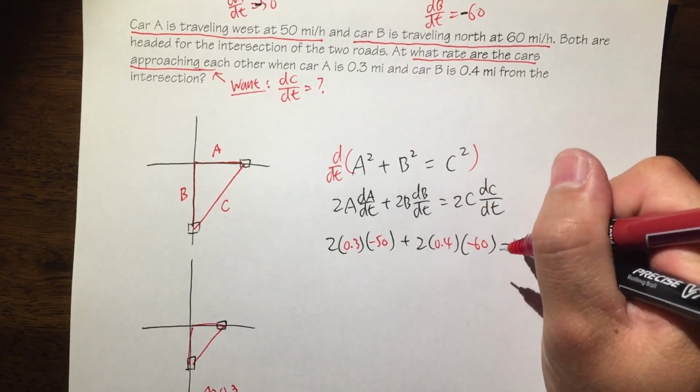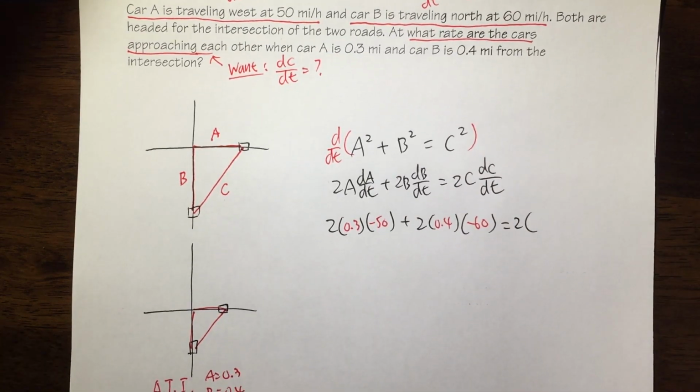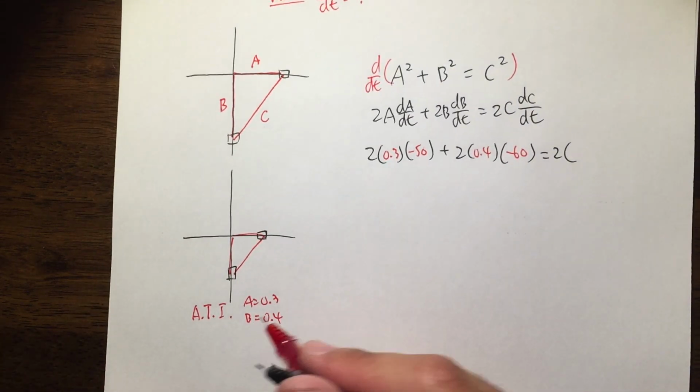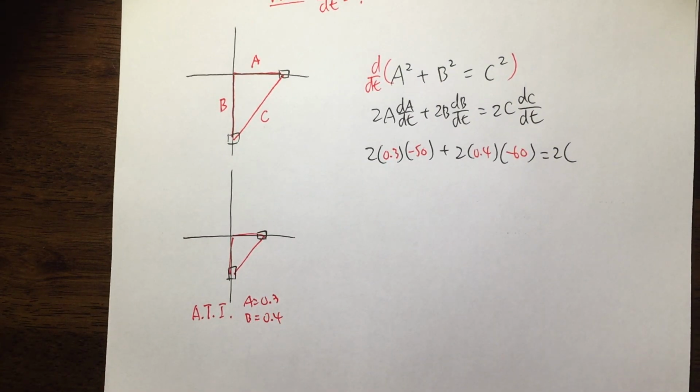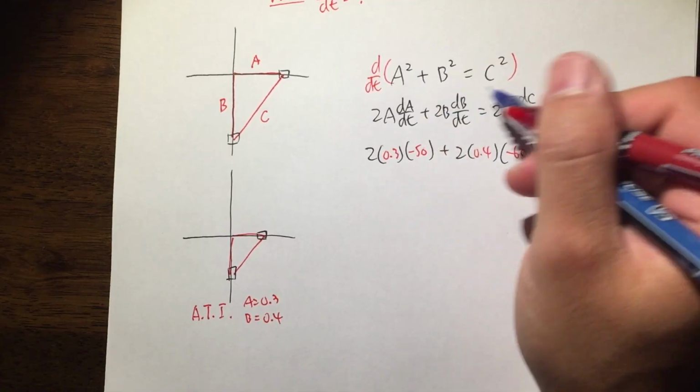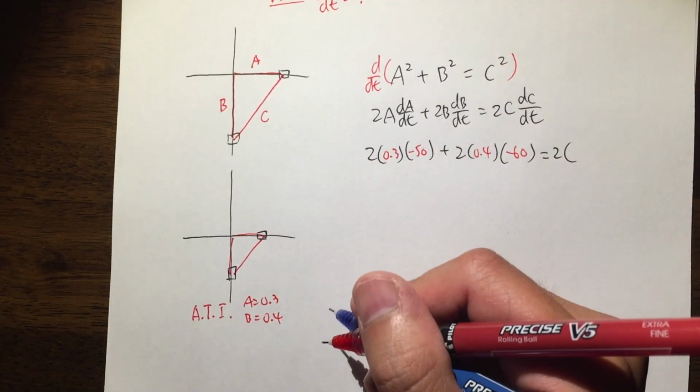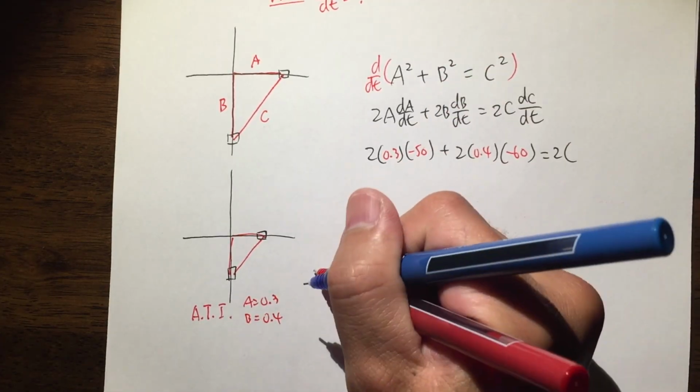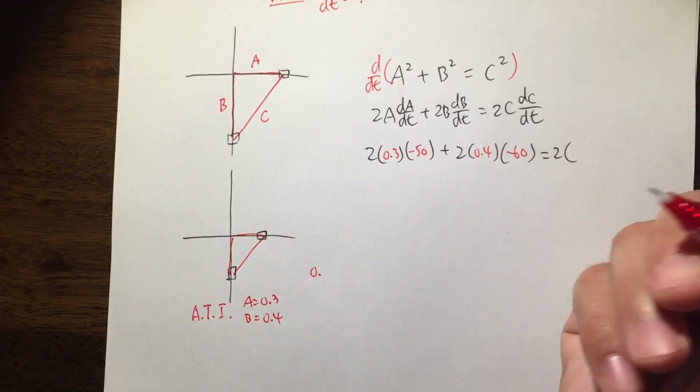And this is equal to 2 times c. Well, at the moment when we have a and b right here, we also need to figure out what c is, and that's a quantity. I will have to plug into this equation to help me out, right? So I will get 0.5 because it's a 3-4-5 triangle.